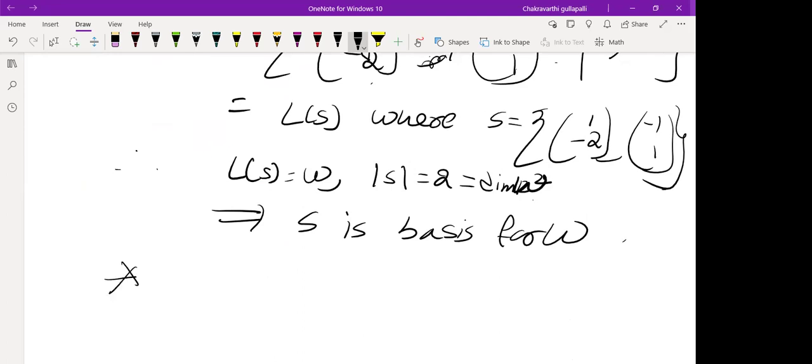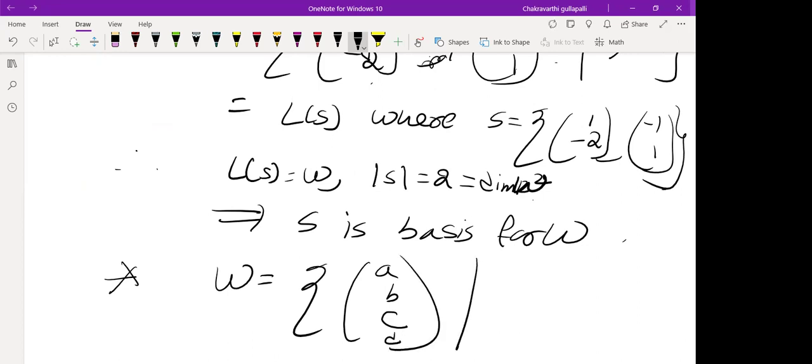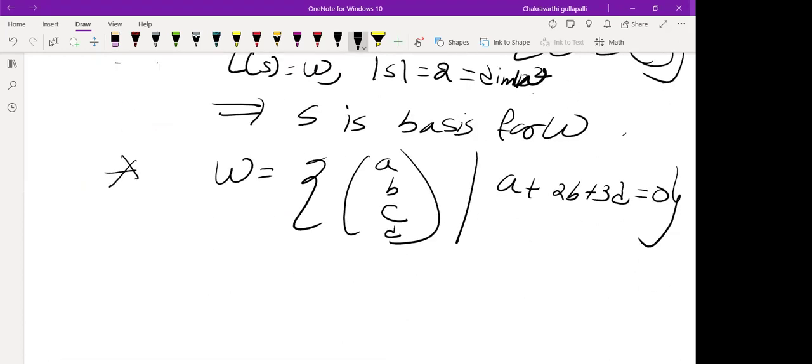Let's see another one. W is equal to the set of all A, B, C, D such that A plus 2B plus C plus 3D is equal to 0. What is the dimension of W?